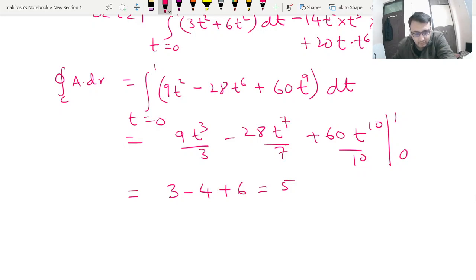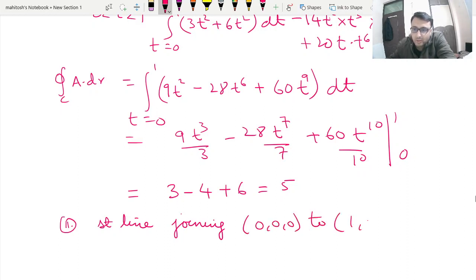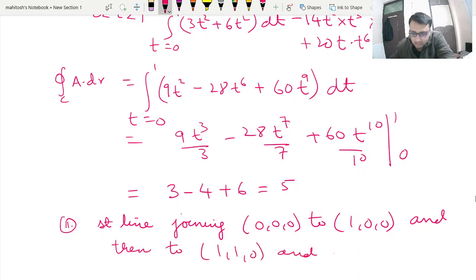Okay, now we move to the second case, which says the straight line joining 0, 0, 0 to 1, 0, 0, and then to 1, 1, 0, and then to 1, 1, 1.